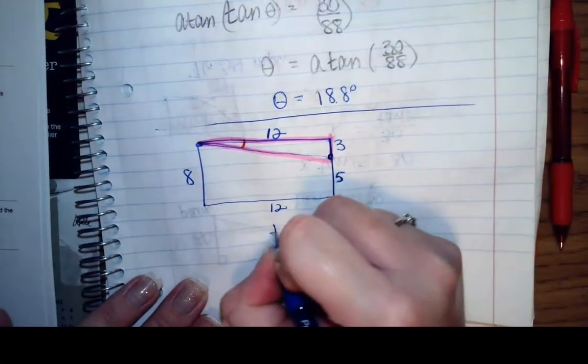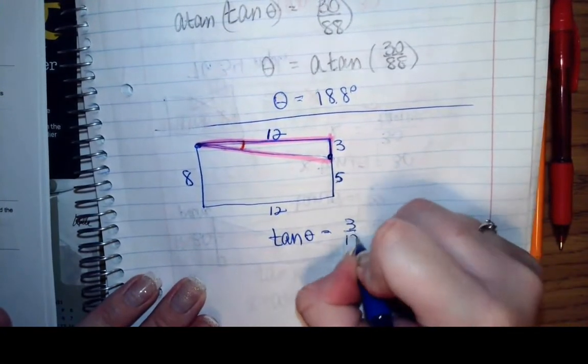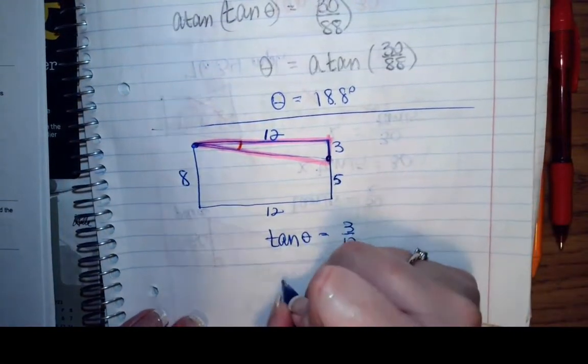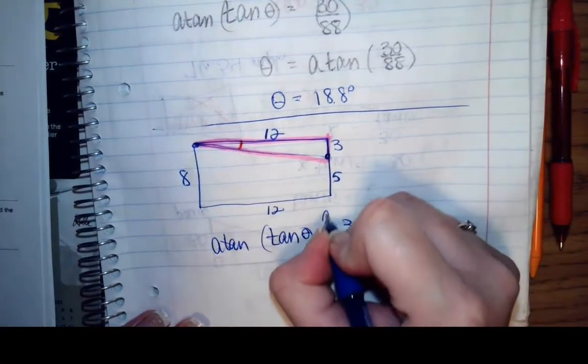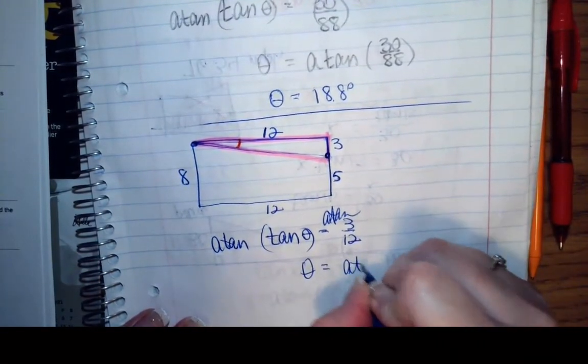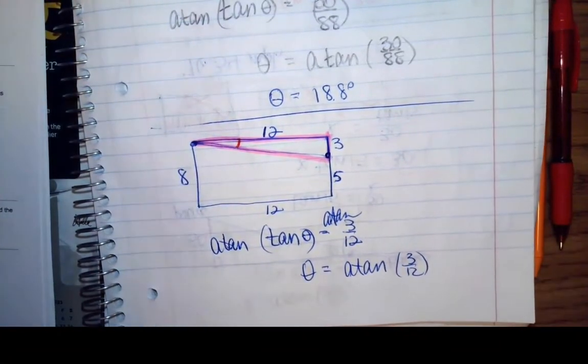So the tangent of theta will be 3 over 12, or 1/4. And then take the arctangent of both sides. So theta equals the arctangent of 3/12, or 1/4.